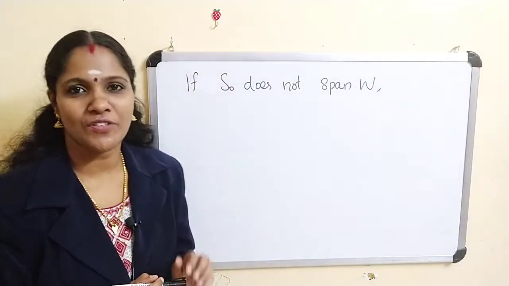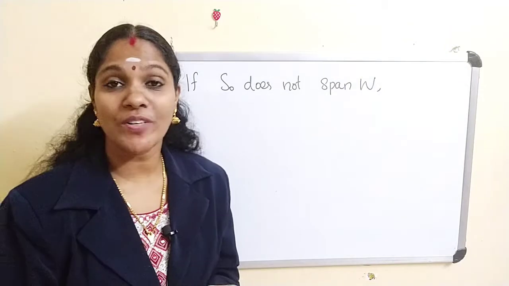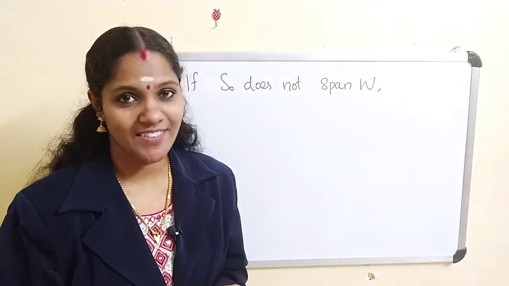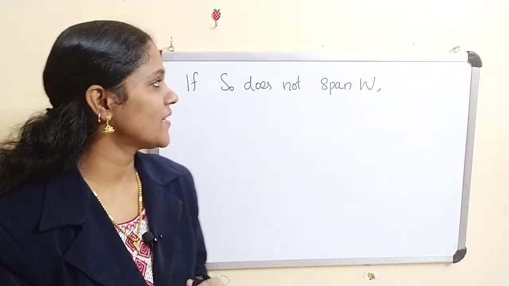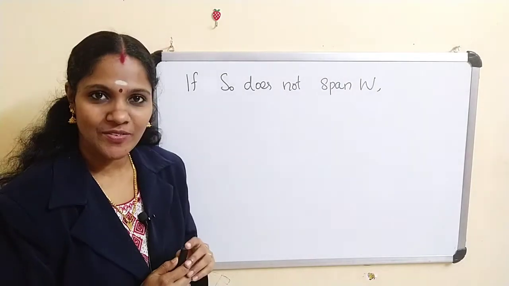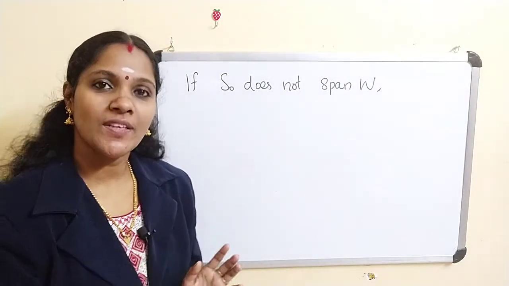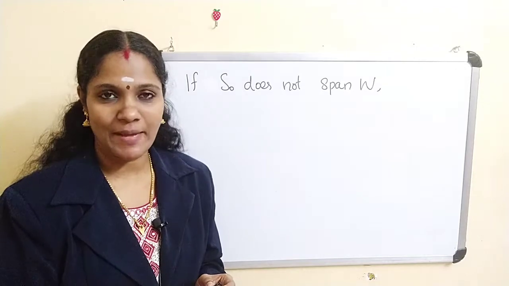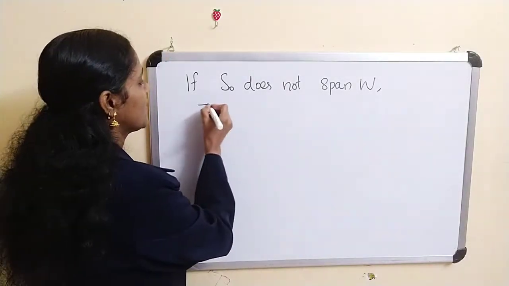If S naught does not span W, where S naught is a linearly independent finite set, then using our previous lemma, there exists a vector.